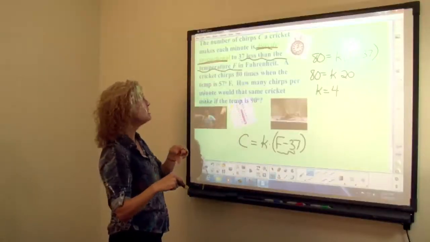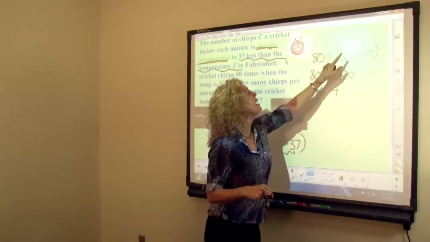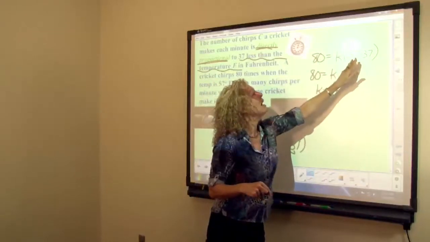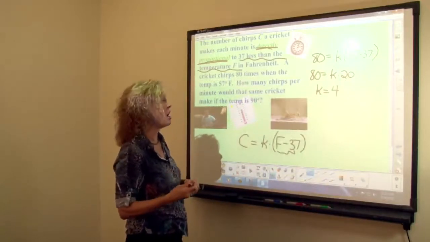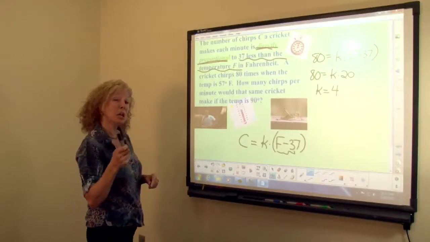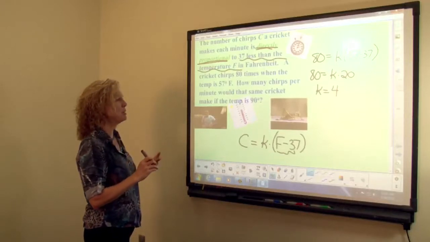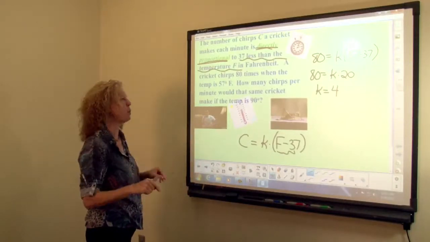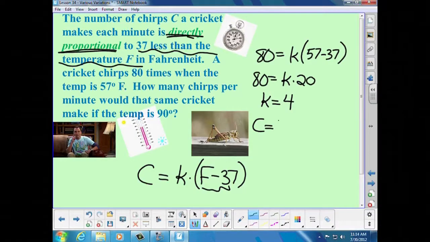Now, you might want to think about the units on that. That was chirps per minute, divided by temperature, degrees Fahrenheit, okay? So it does tell you that you need to be in Fahrenheit temperature, and that you need to have the number of chirps per minute, or that's what you're going to get. So I now know that I have C is equal to 4 times F minus 37.